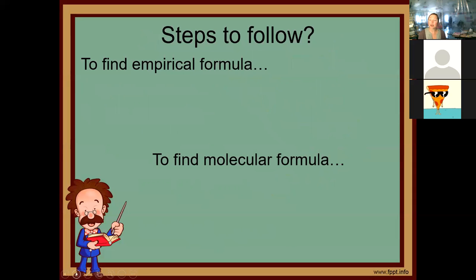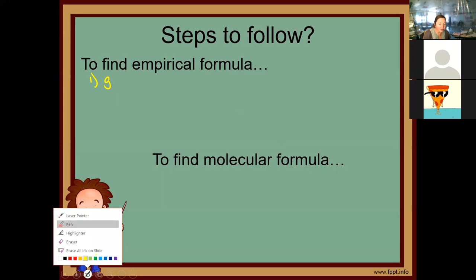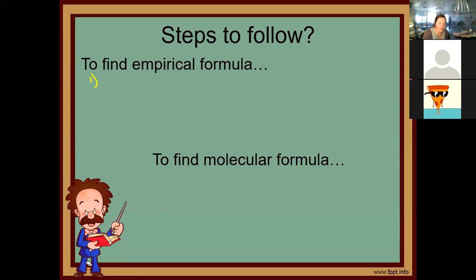All right, so remind me, what steps did we follow to find empirical formula? First, what do we do? Good. So if you have percentages, turn your percentages into grams. If you have grams, you're good to go. So percents to grams, and then grams to moles. Good.